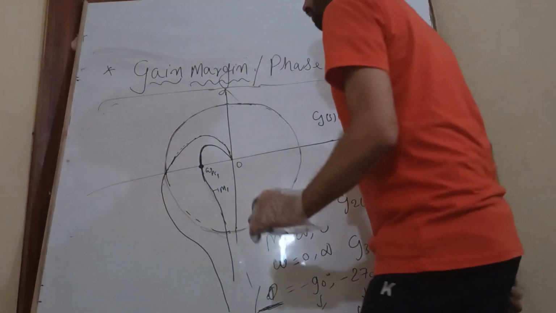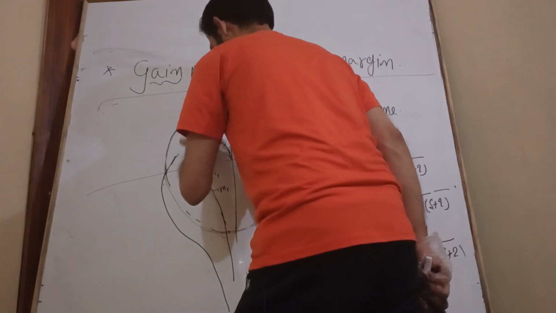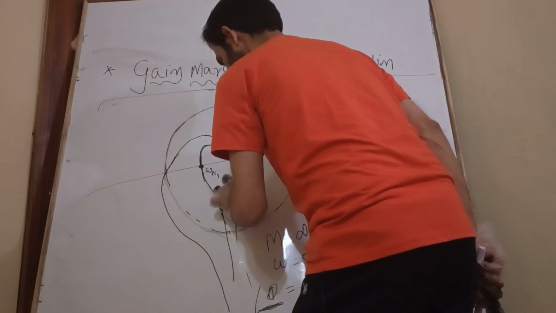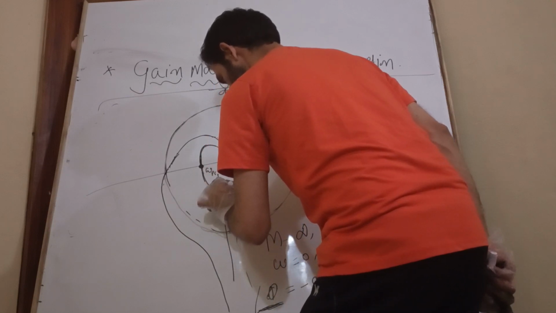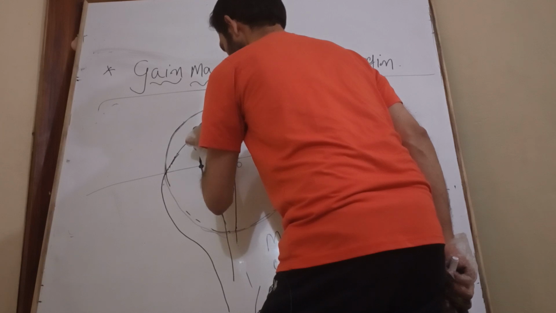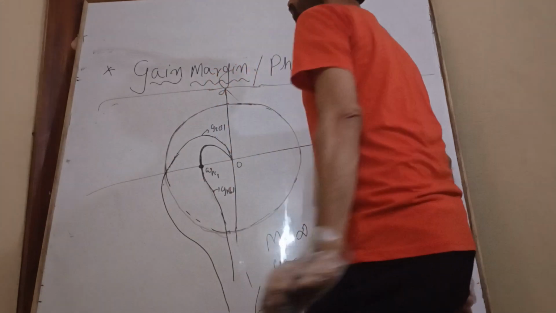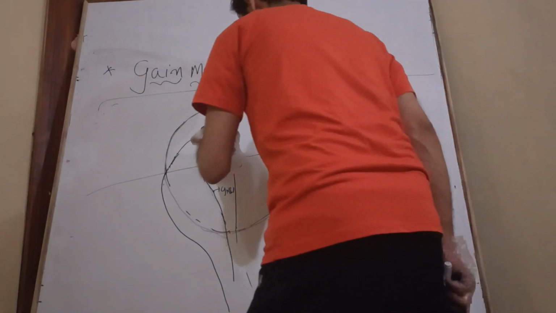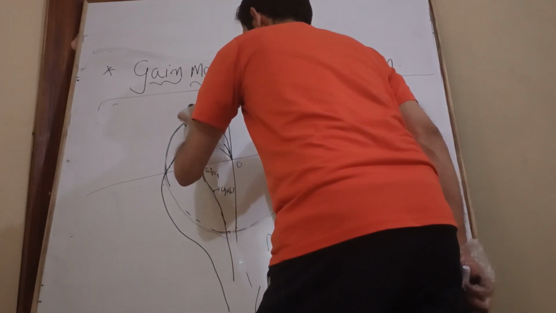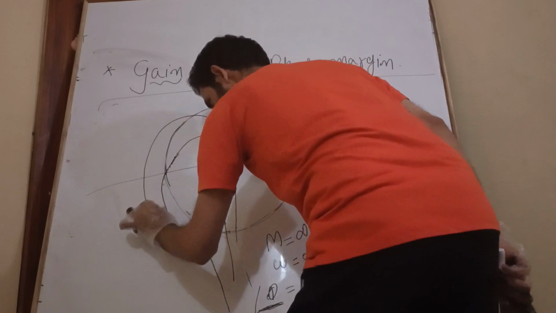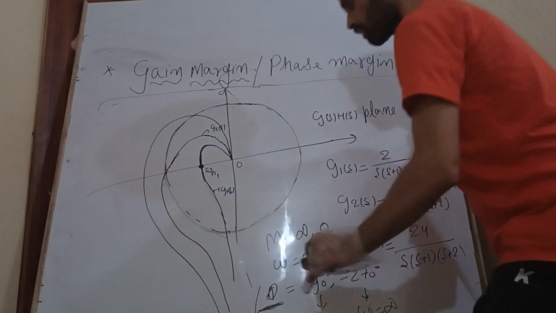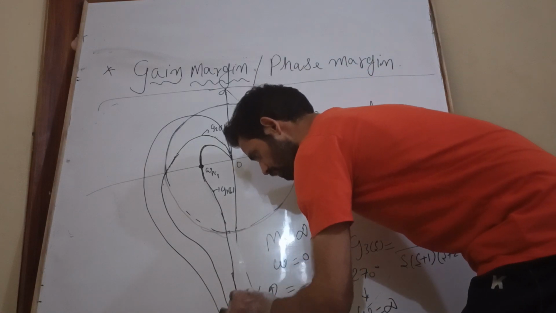This is for G2(s). Now for G3(s), the graph is like this. Now we have drawn for all the systems.